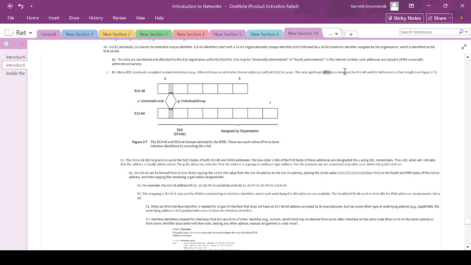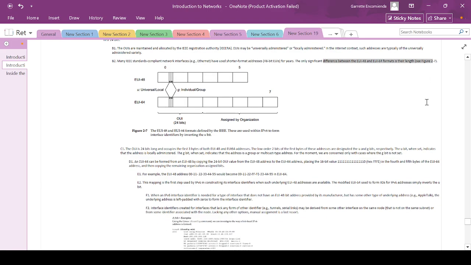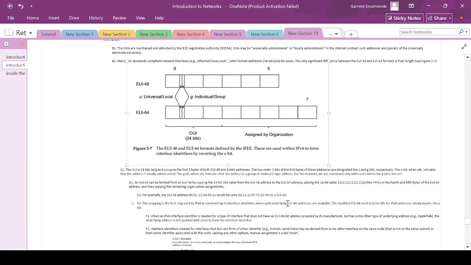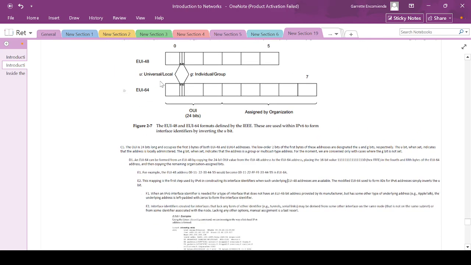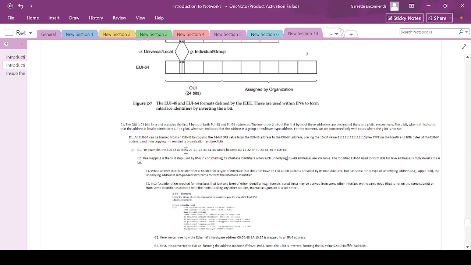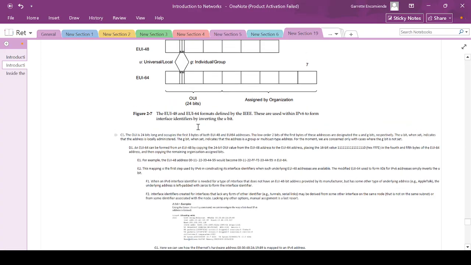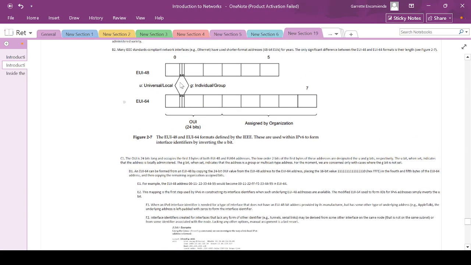The only significant difference between the EUI-48 and EUI-64 format is their length. See figure 2.7. So as you can see, they have different lengths: universal or local, individual or group. So that's the U part for universal, and G for individual group.